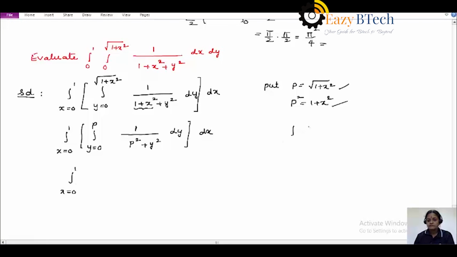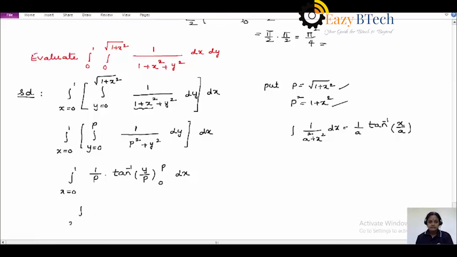In integration we have one formula: integral of 1 by a square plus x square dx is 1 by a tan inverse x by a. Applying that formula, 1 by a means 1 by p and tan inverse x by a means y by p, within the limits 0 to p, and then dx.